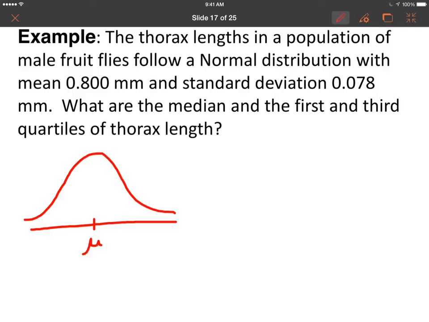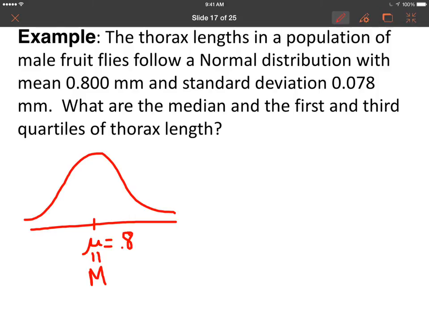The mean, I'm going to give you the answer to part of this. The mean is always equal to the median. So finding the median should be really easy when you know your distribution is normal. It's just equal to the mean, which in this case is 0.8, right?